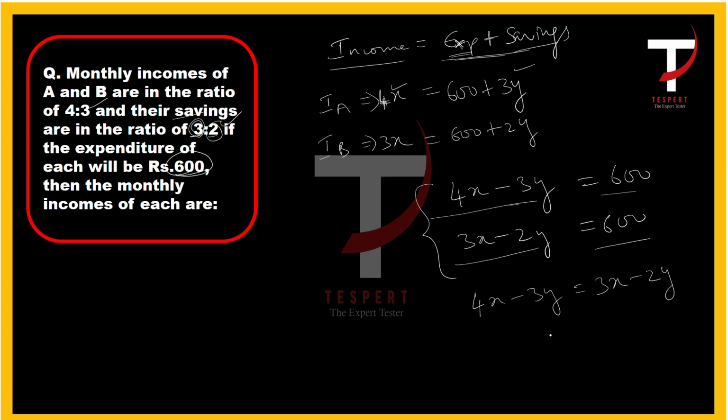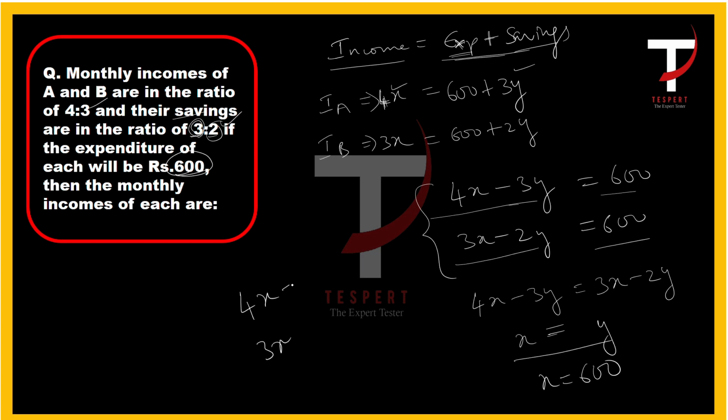So simplify this, x is equal to y. So x is equal to y, so x will be equal to 600, right? So what is the income of A here? Income of A 4x and income of B 3x.